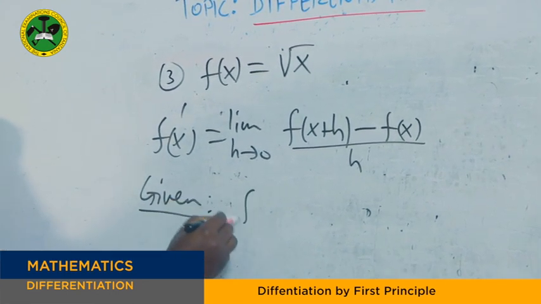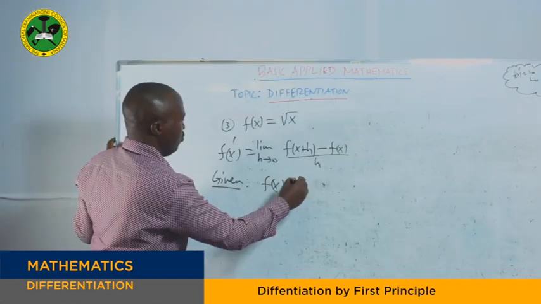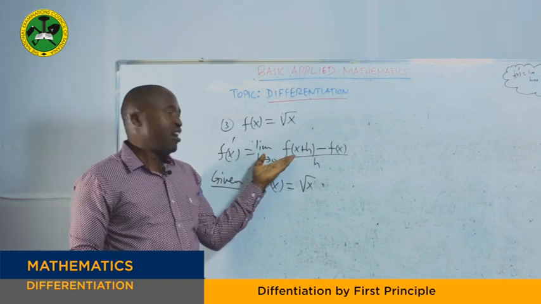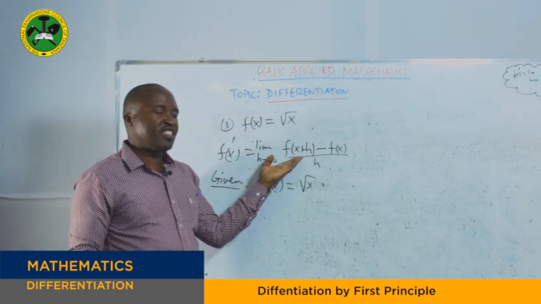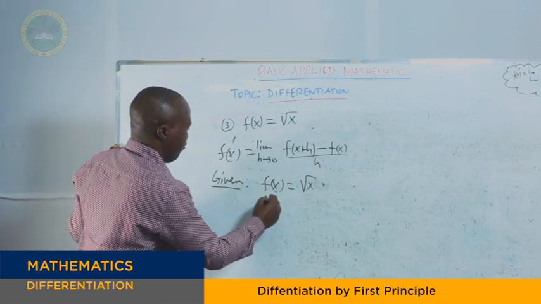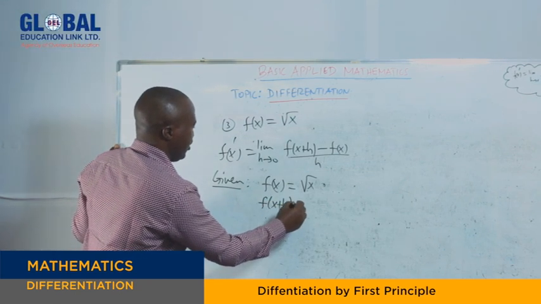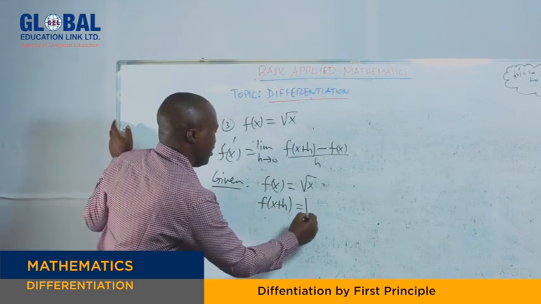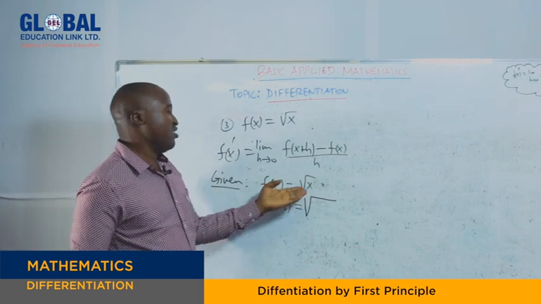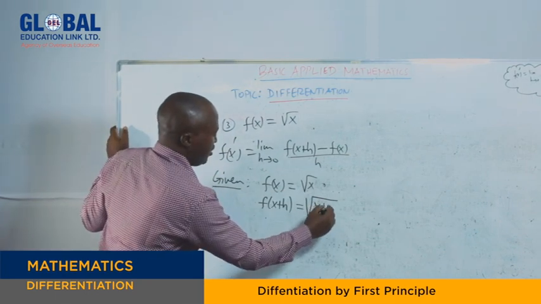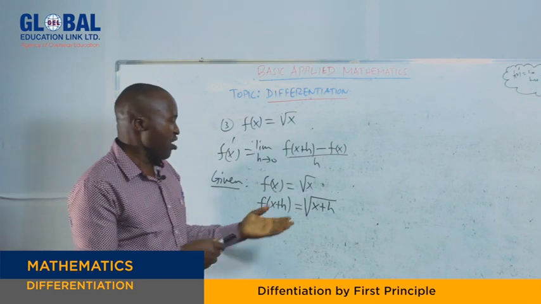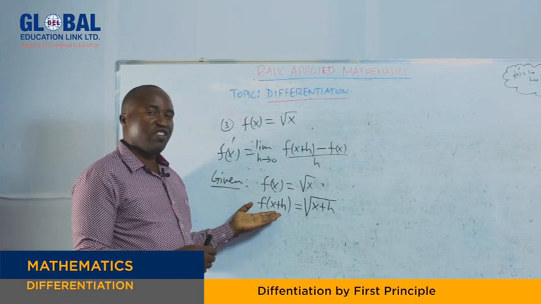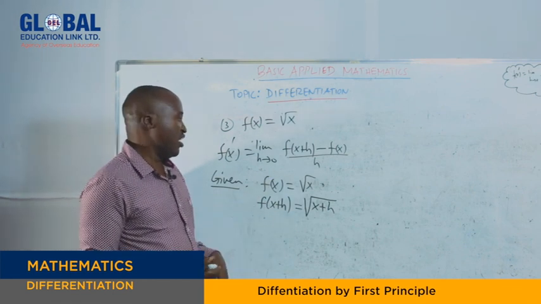Given f(x) is equal to the radical x, we are supposed to find the expression for f(x plus h), which will be equal to the square root of x plus h. Now we can substitute the values of f(x) and f(x plus h) in our general formula.